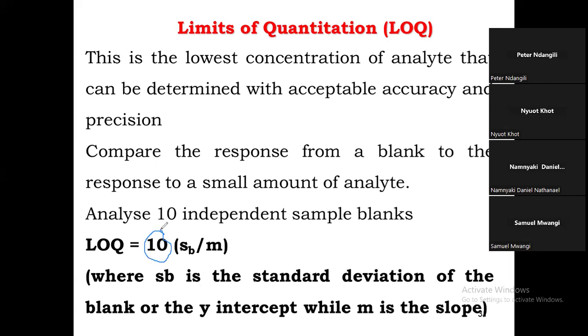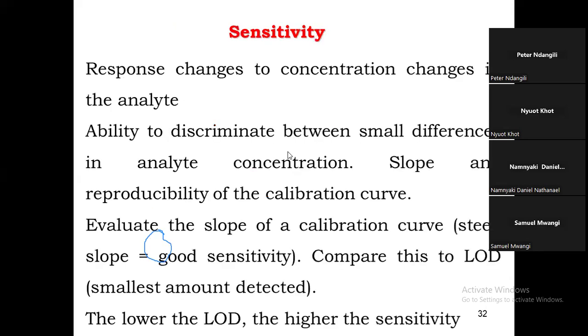You use 10 instead of 3.3. For LOD, you use 3.3. For LOQ, you use 10. So 10 multiplied by the standard deviation of the blank divided by the slope. So everything else remains the same. The only thing that changes here is 3.3 to 10. And that's basically how we determine the limit of quantitation or limit of quantification.